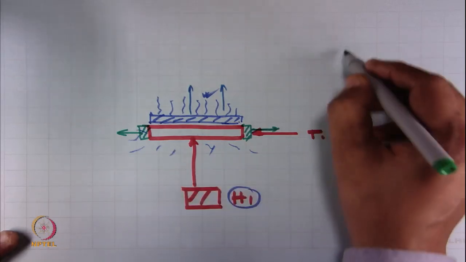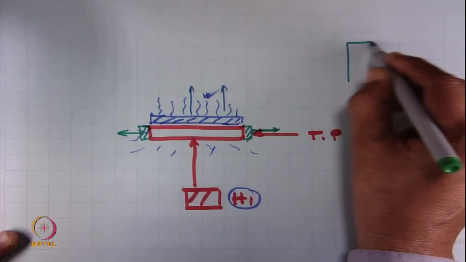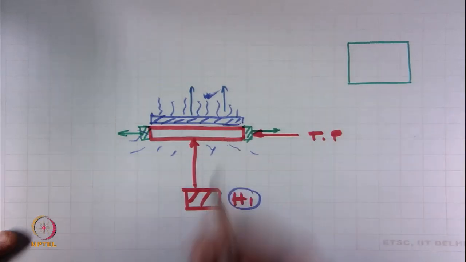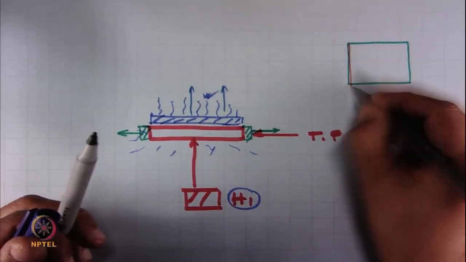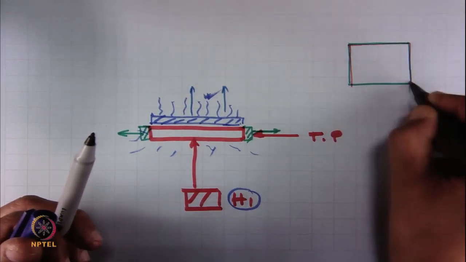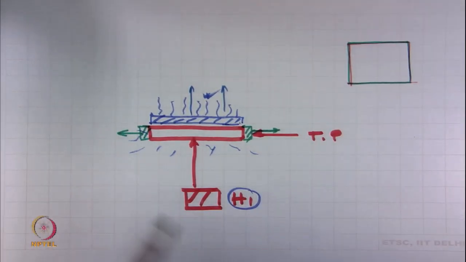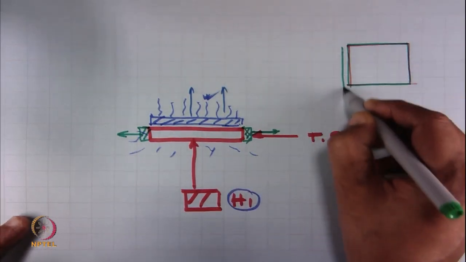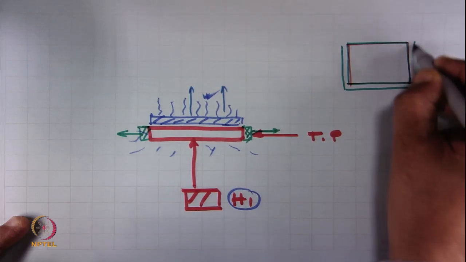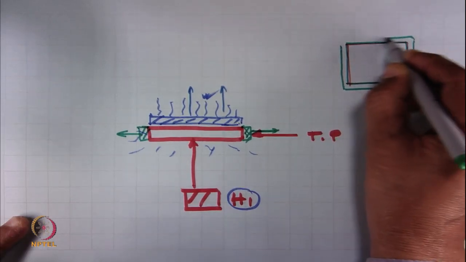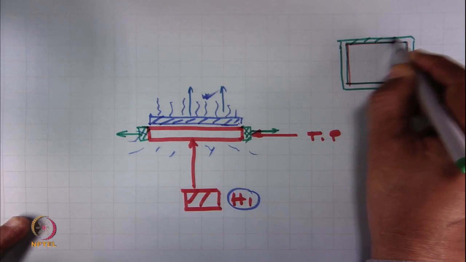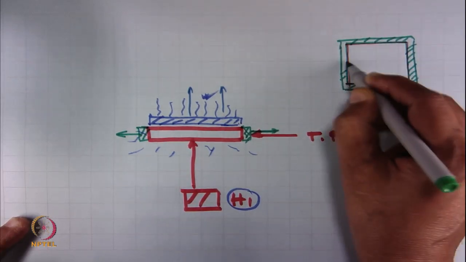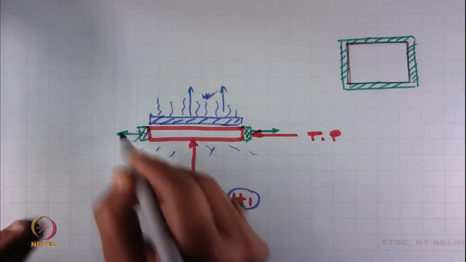And this plate, if we see from the top side, this is the test plate, and the insulation is provided at 4 sides. These are the insulation, which actually prevent the heat flow in the sideway direction.